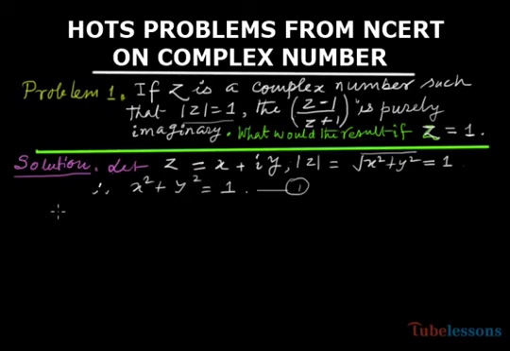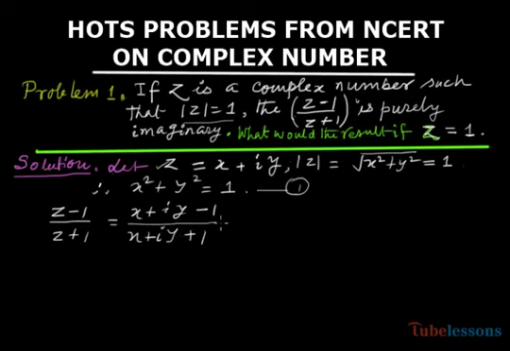Now (z minus 1) by (z plus 1), as z is equal to x plus iy, so we write (x plus iy minus 1) by (x plus iy plus 1).